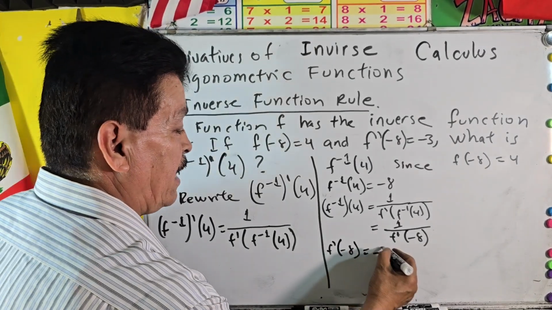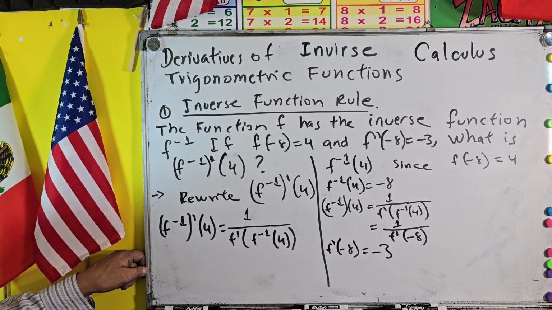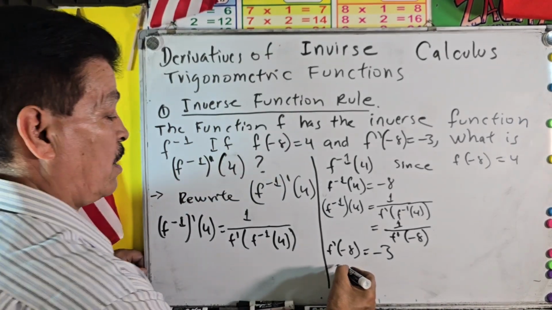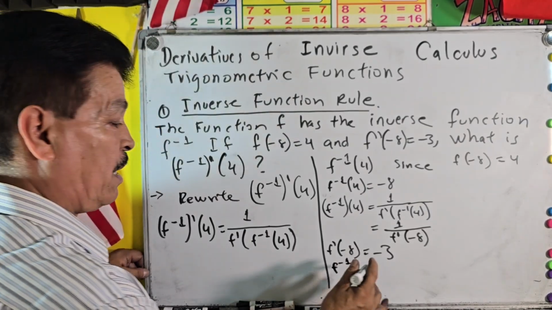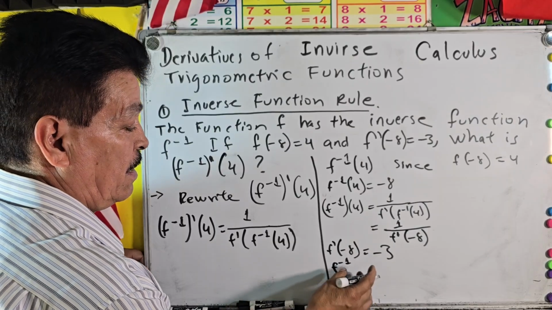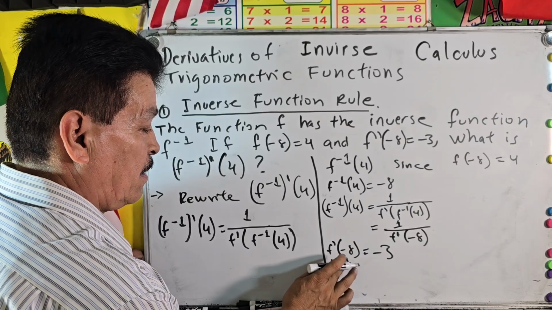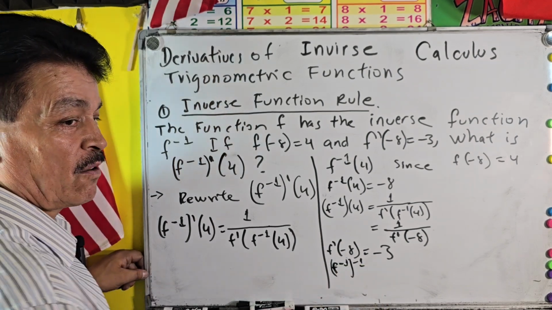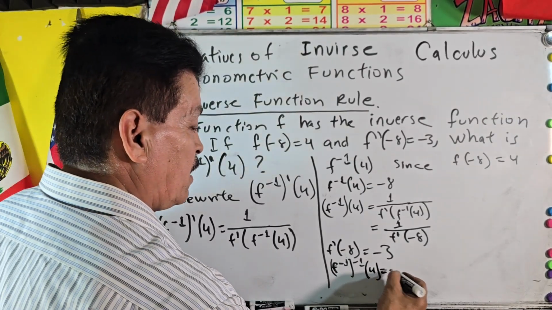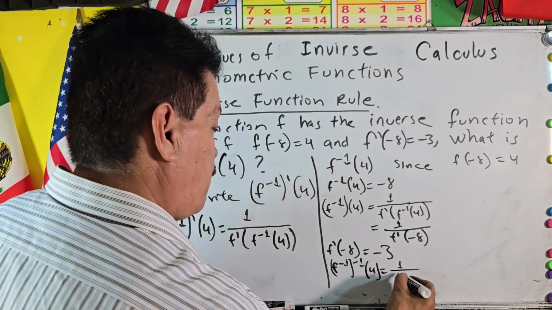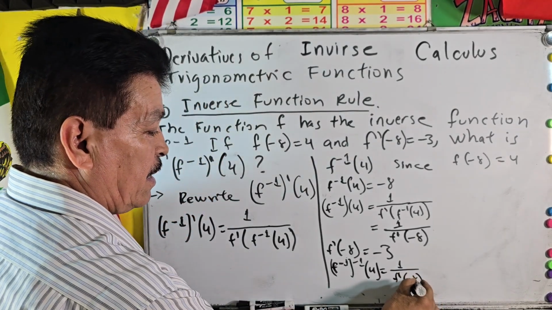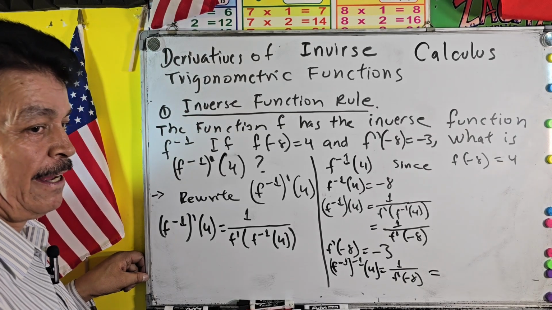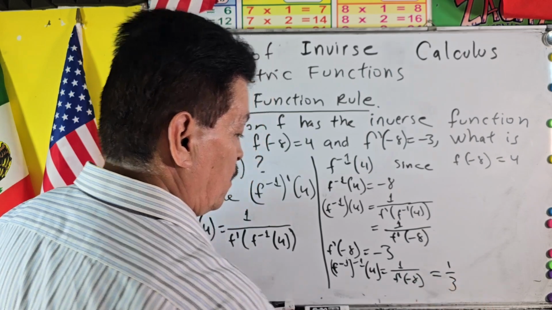You know that f prime of -8 equals -3. So f to the -1 prime of 4 equals 1 over -3, which equals -1/3.